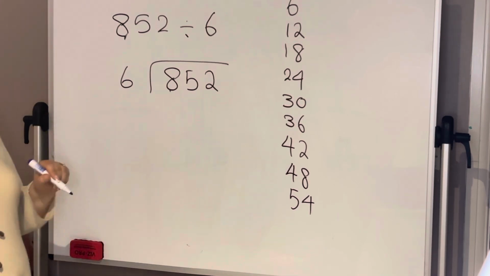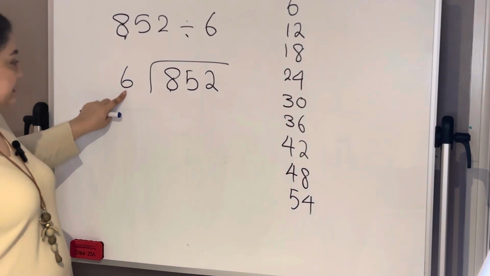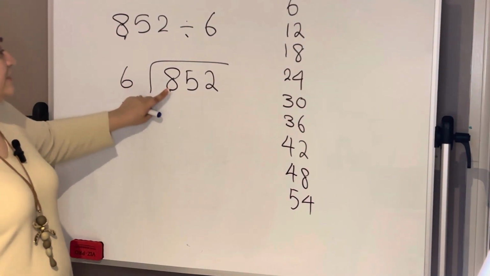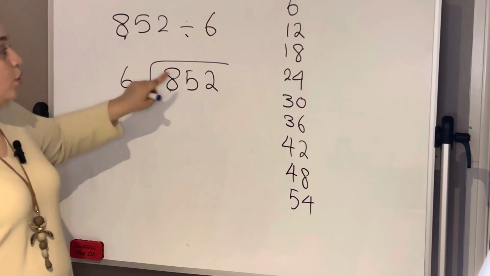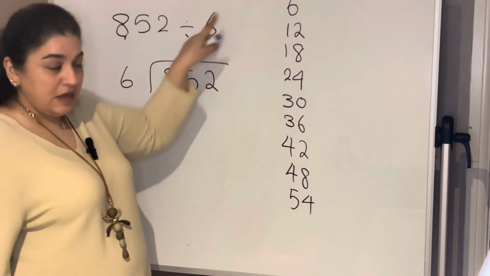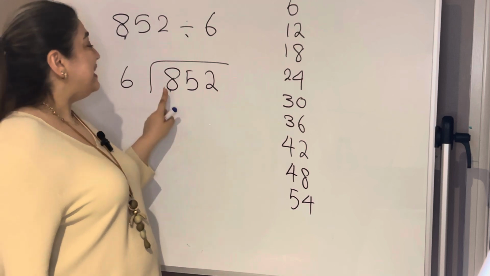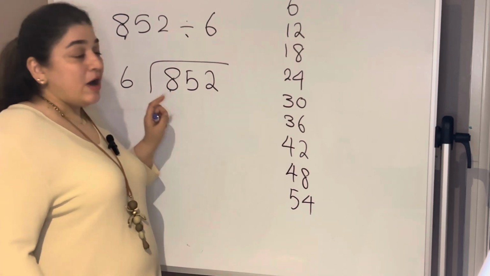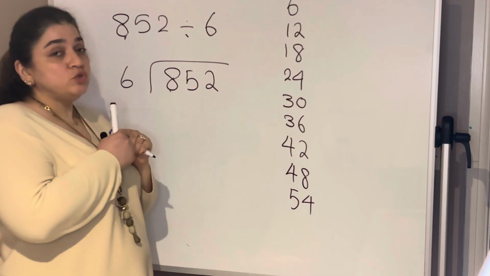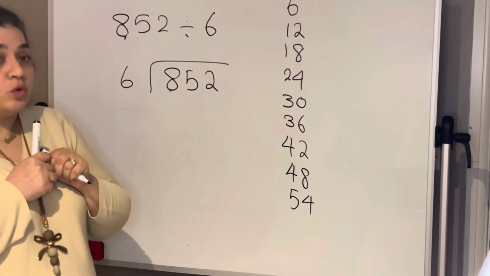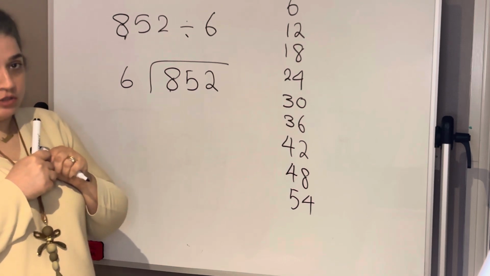And then we start. Okay, 6, 8. So how many 6 go in 8? Or in these numbers, which number is less than or equal to 8? You have to find a number very close to 8, but not more than 8.